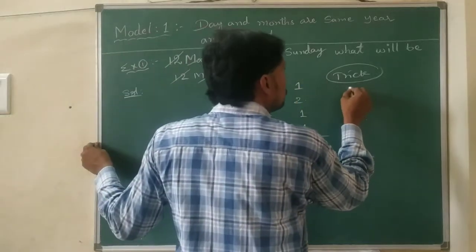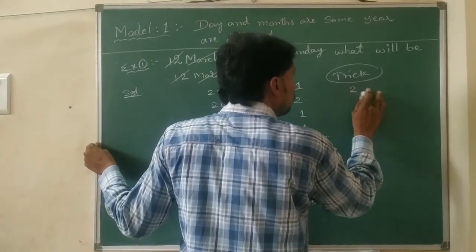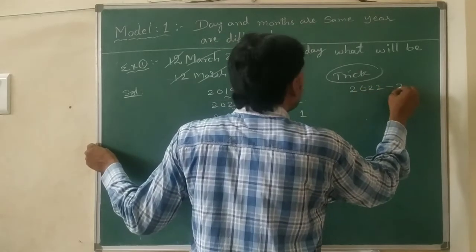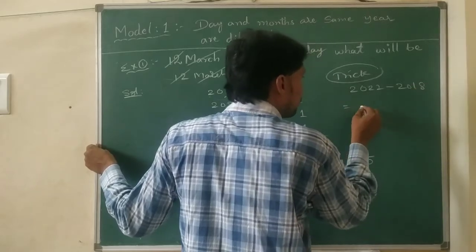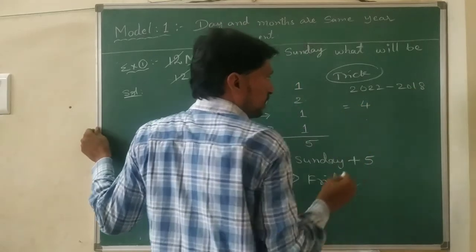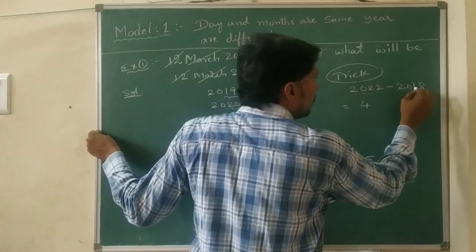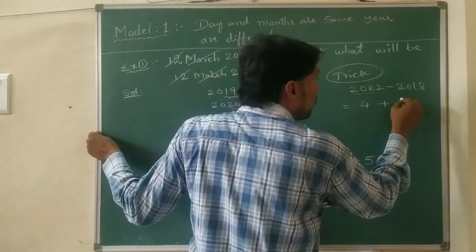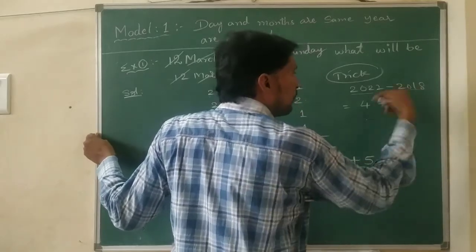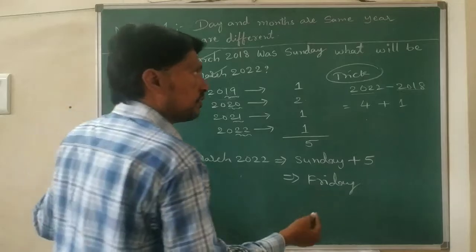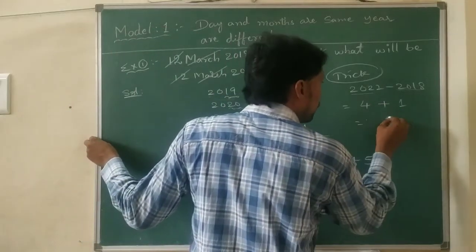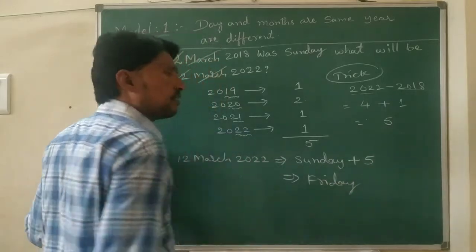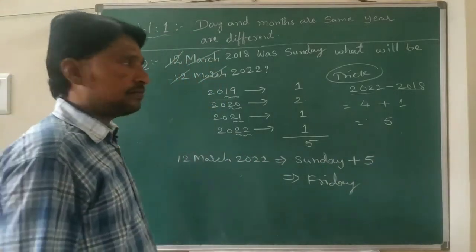Just subtract 2022 minus 2018, and we get 4. Between 2018 and 2022 we have only 1 leap year. How to find the leap year, we can discuss that also. So 1 plus 4, that is 5. 5 means Sunday plus 5, which is Friday. One more example.